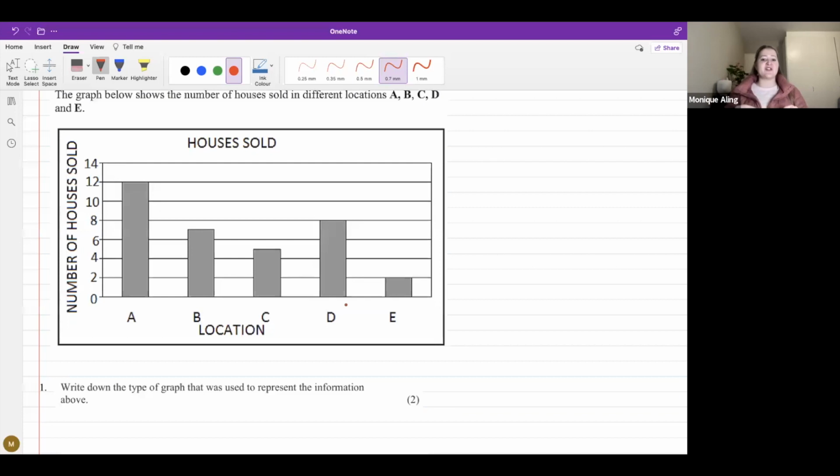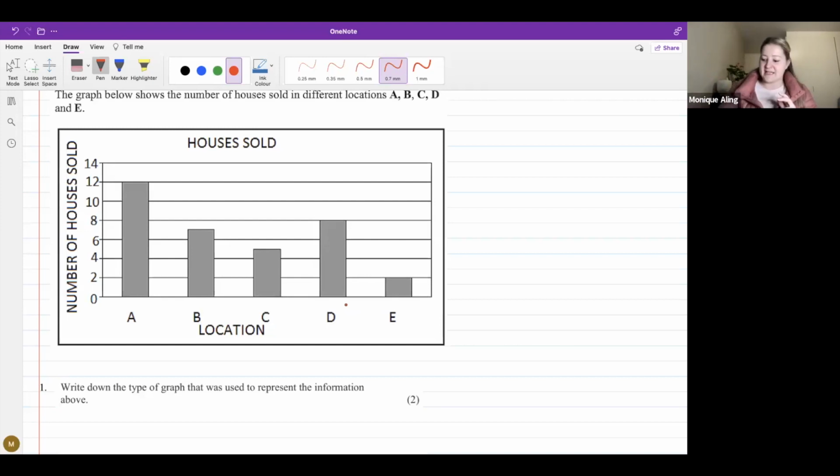The graph below shows the number of houses sold in different locations. So we have A, B, C, D, and E. Those are different locations, and we have our number of houses sold. Let's just take a moment to look at the graph.